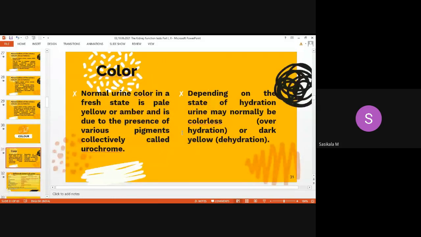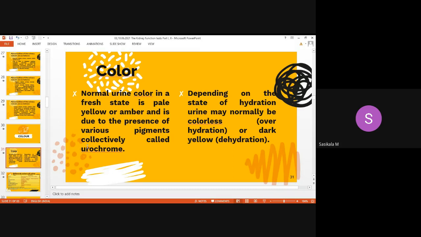How does the color change of urine indicate diseases? Normal urine color in a fresh state is pale yellow or amber, and is due to the presence of various pigments collectively called urochrome. You should have studied about these pigments, bile pigments, in protein or nucleic acid metabolism, the metabolism of hemoglobin.